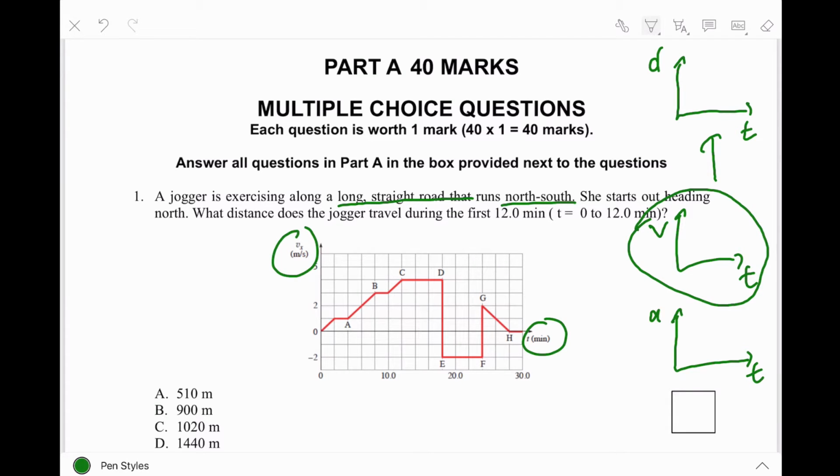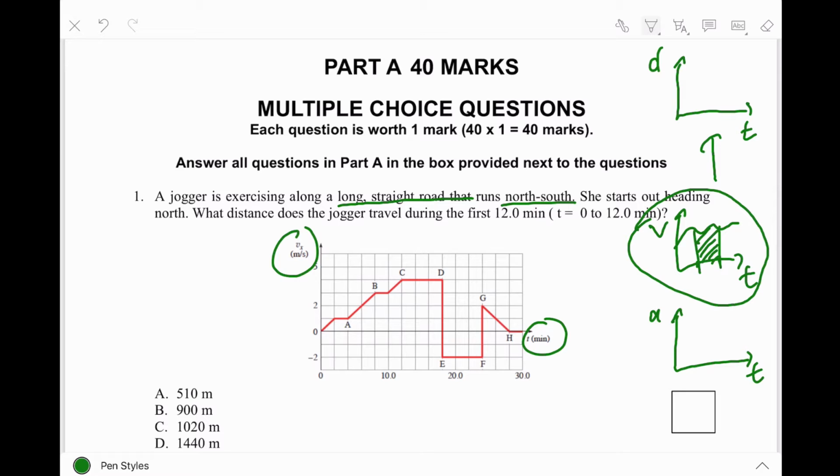Now the basic theory says if you have a graph which is velocity versus time, and you want to know the displacement this object has covered during a time interval, all you need is to find the time interval, find this one, and find the area.